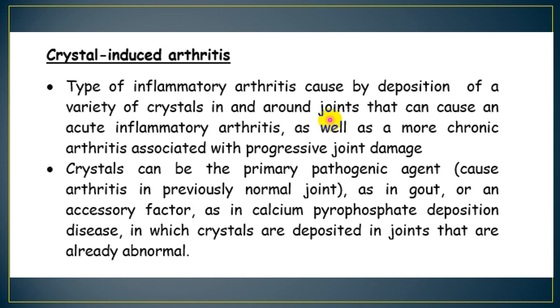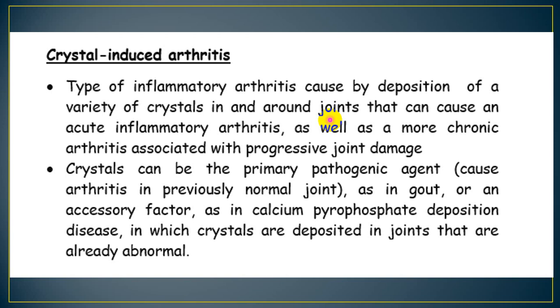Crystal can be the primary pathogen itself. I mean, it can induce joint injury in previously normal joints, or it could be only an accessory factor, like in the case of calcium pyrophosphate crystal, which usually precipitates and induces joint injury in previously injured joints.